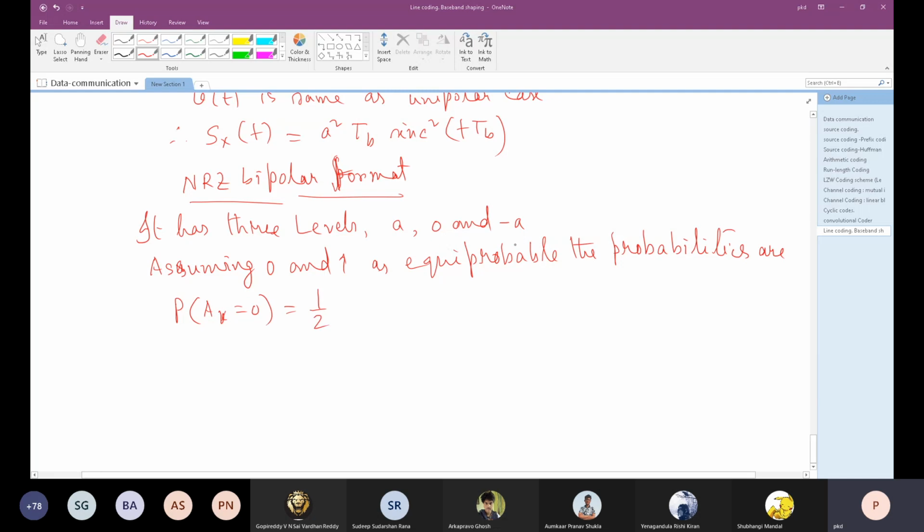However, for 1 actually it is divided, because this A is occurring in alternate fashion.